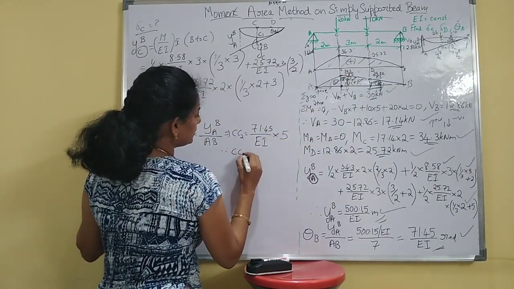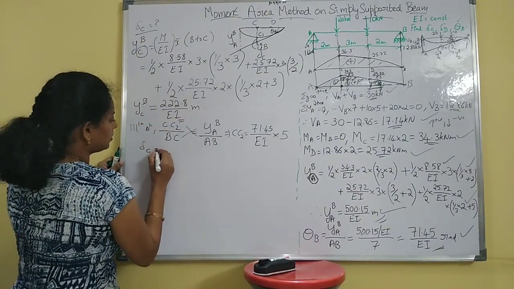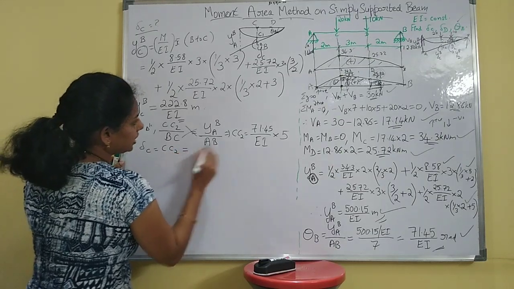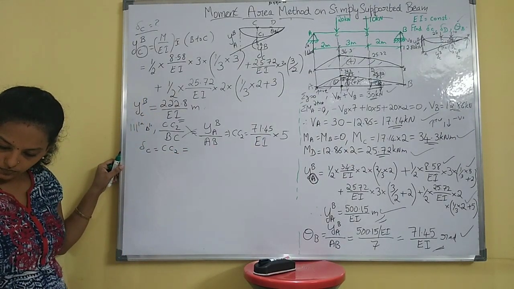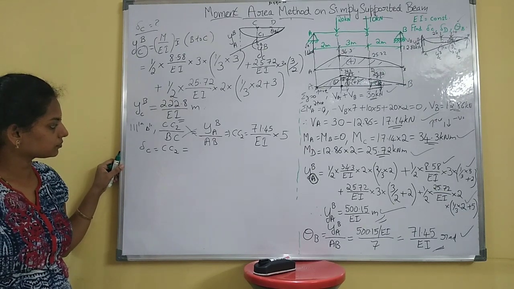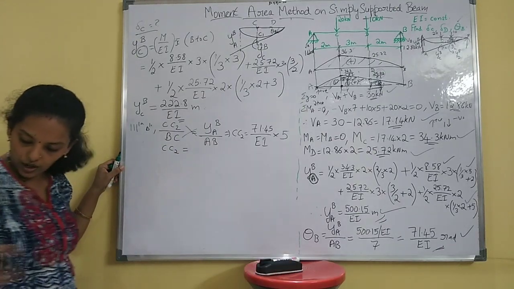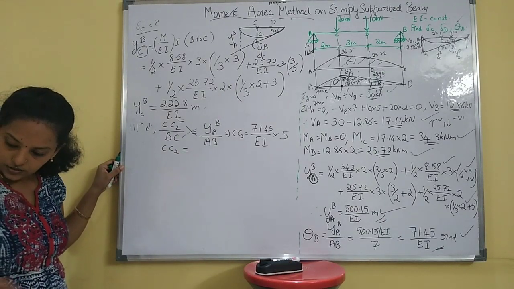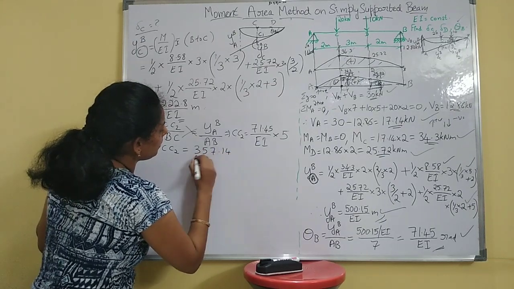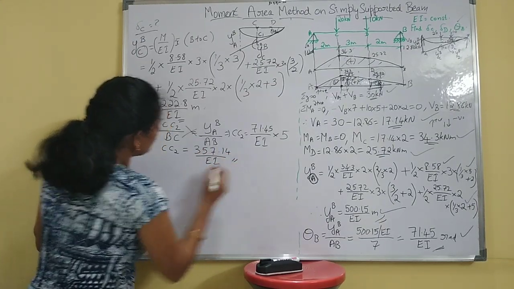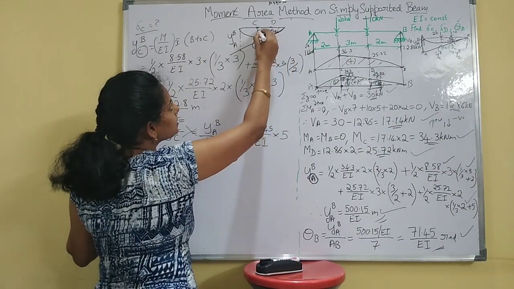Therefore CC2 or delta C equal to, just calculate it, you have CC2 you have 357.14 by EI. Therefore delta C is this region.